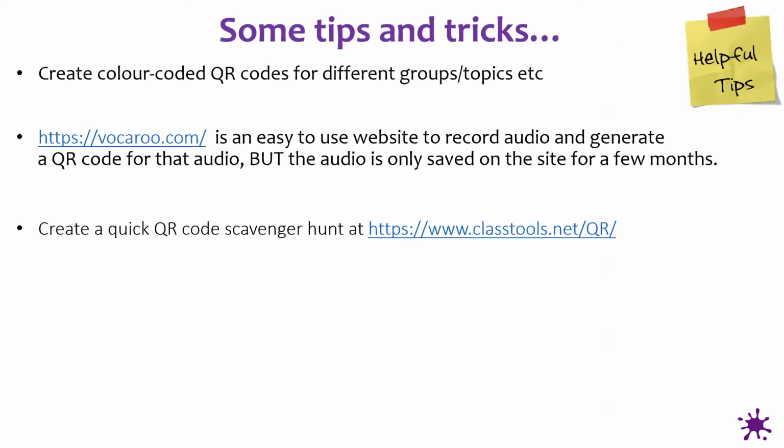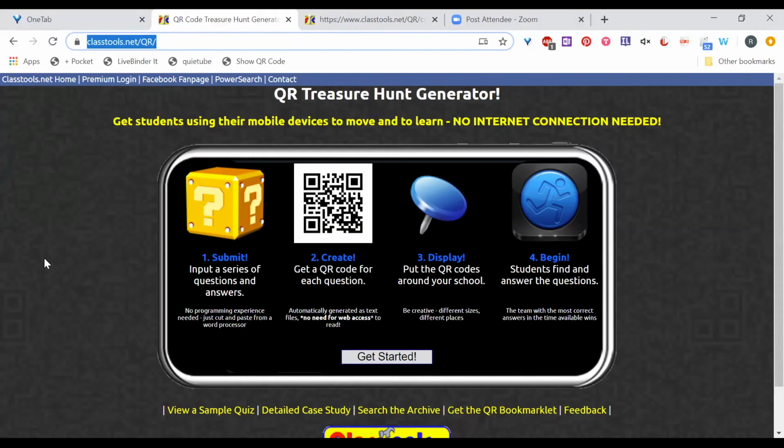And I'll show you in a second a QR code scavenger hunt. Classtools.net has a really great QR code scavenger hunt. So this is it. This is Class Tools. It's really super simple to use.